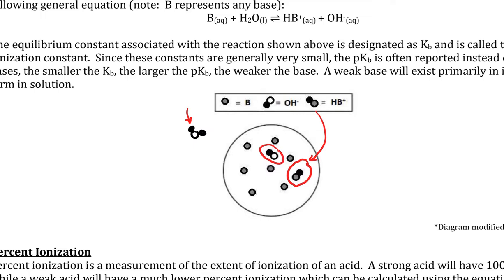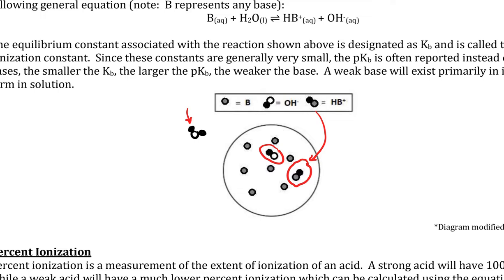Now, again, this picture has a little bit of a weakness in that it doesn't show the water molecules that are there, but the key isn't how many water molecules are there, it's how many of the base particles were effectively able to take a proton from a water and act as a base. And again, like in the last picture, just one of the base particles has done that. The other 7 have not interacted with water successfully to take a proton and result in the formation of hydroxide.